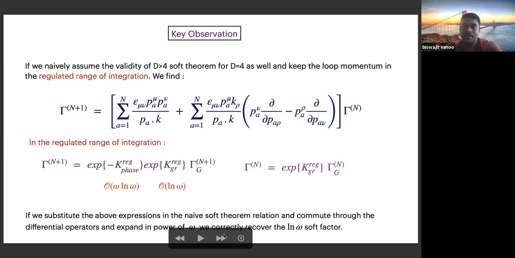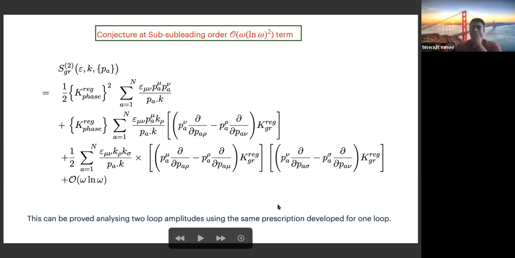Now, if we observe this thing and try to generalize this observation without evaluating the sub-subleading order, we can conjecture what the sub-subleading soft factor will look like.